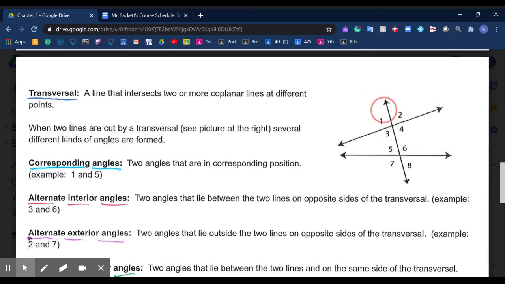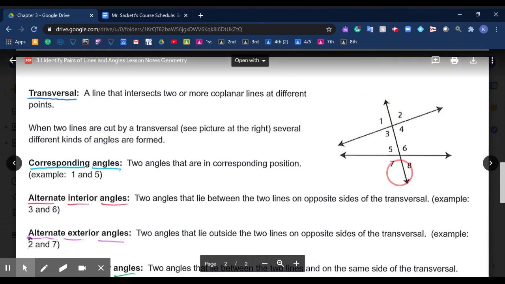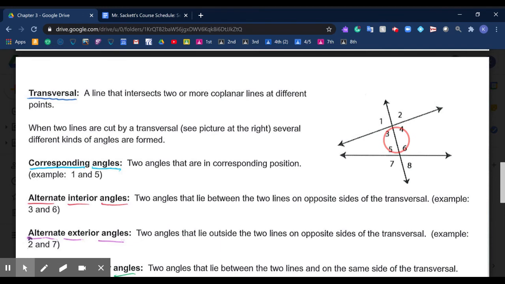Then the exterior would be made up of angles 1 and 2, and 7 and 8. Alternate interior angles are two angles that are on opposite sides of the transversal on the interior. So angle 3 and angle 6, and angle 4 and angle 5 are alternate interior angles.